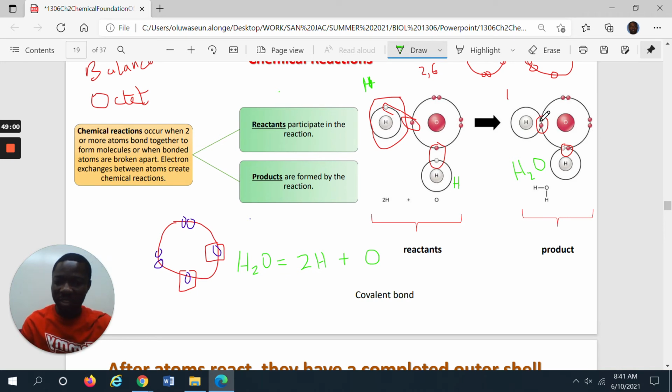Now, this is a bond. And that should tell you something. How many electrons do we have here to form this bond? 2. There's a contribution from hydrogen. There's a contribution from oxygen. The same thing here. There's a contribution from hydrogen. There's a contribution from oxygen. So we need 2 electrons to make a bond.